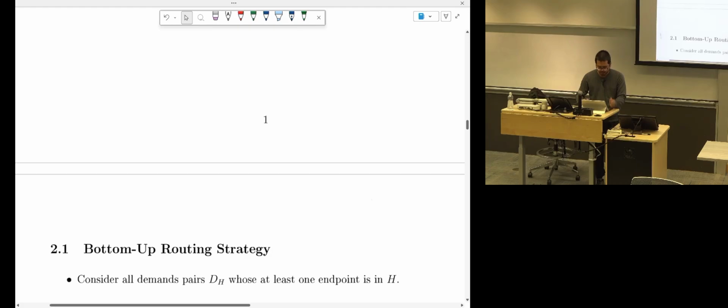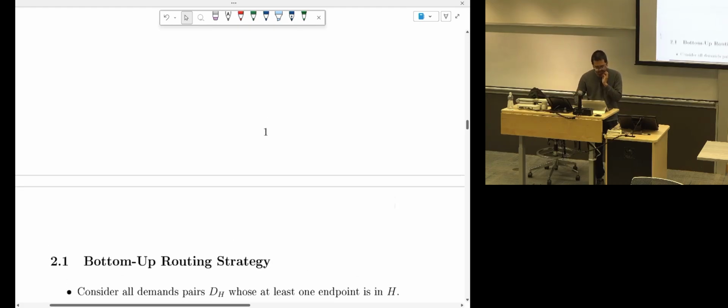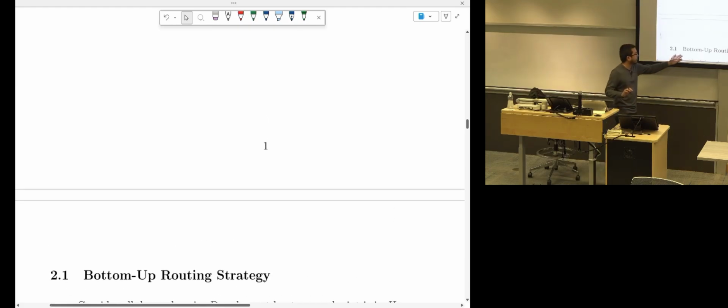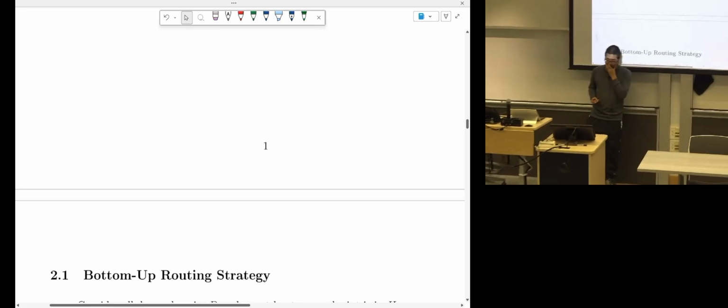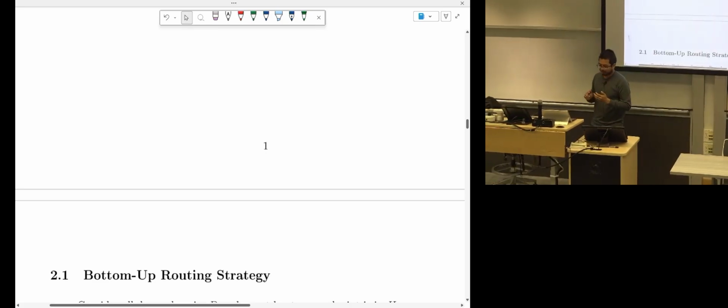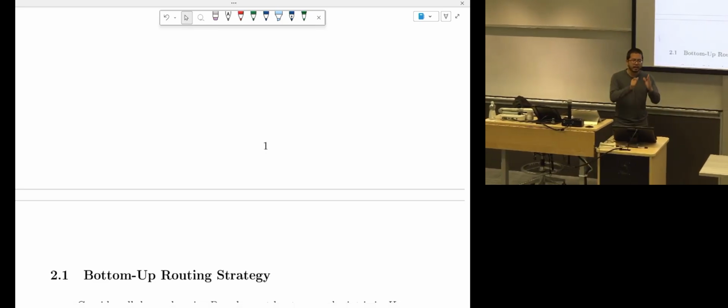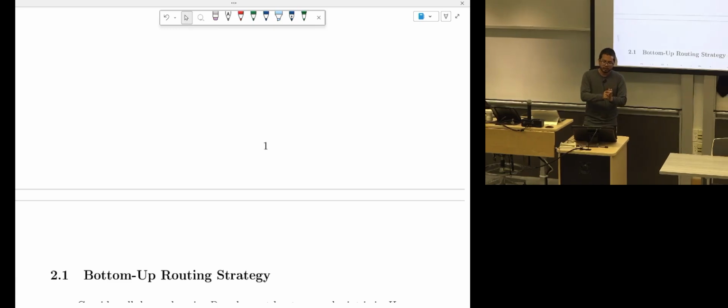So now our strategy is here. We're going to do a bottom-up routing strategy. What I mean is, we have some demand D that respects the degree of G, and this demand you can route in T, in the tree.